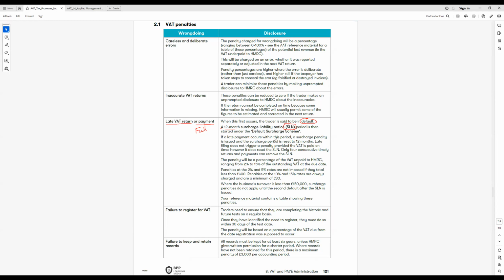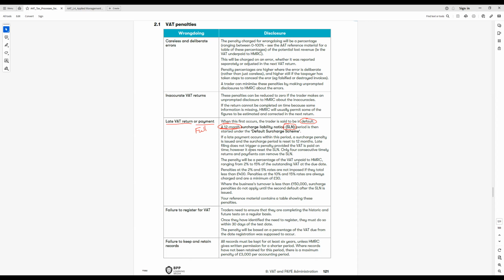If a late payment occurs within this period, so if you do it again, a surcharge penalty is issued and the surcharge period is reset to 12 months. So when it happens a second time during this 12-month period, they will give you a penalty and the 12 months will start from that day again.